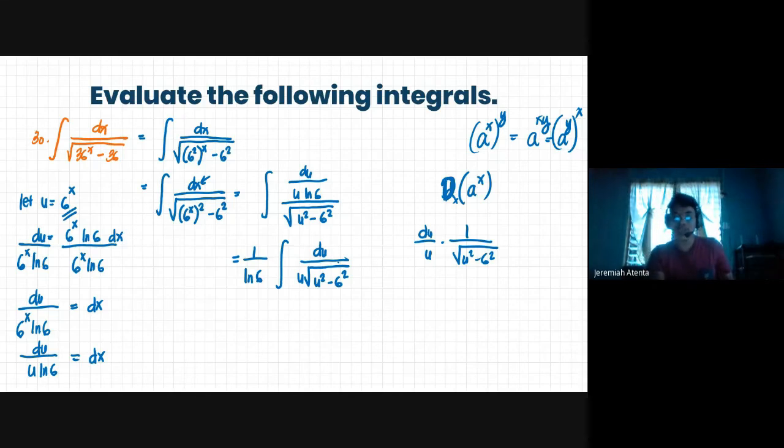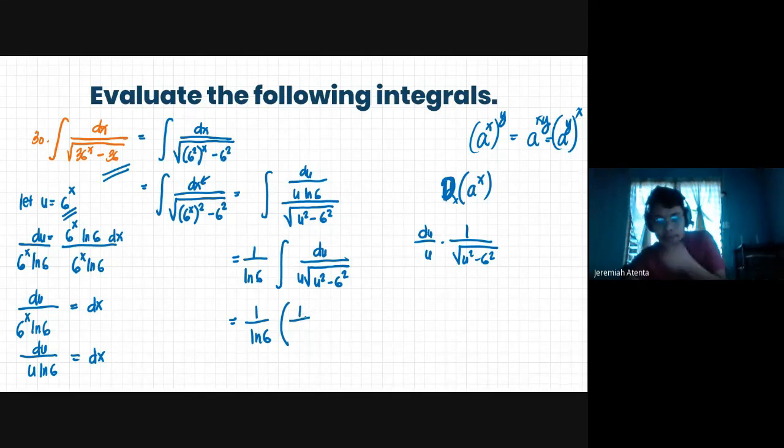Right? And what form is this? Is it first, second, or third? Yung u square root of u squared minus 6 squared. Third. And that is secant, right? So therefore, this will now be equal to 1 over ln 6. So at first glance, para siyang first form, right? Yung sine. But later on, after we substitute something, secant pala siya. Okay? So this is 1 over ln 6 times 1 over a.